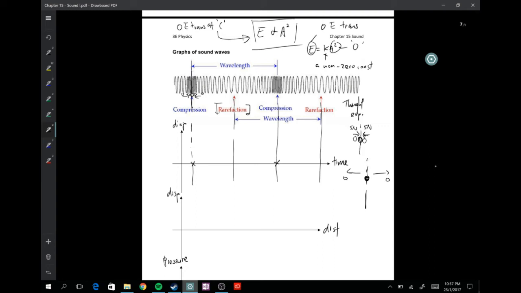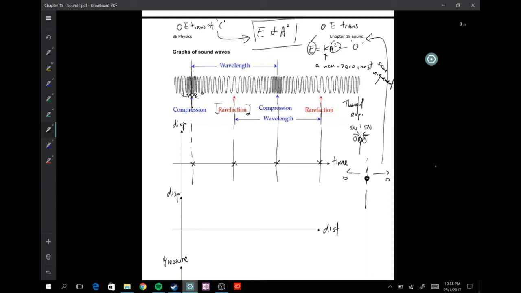It can't travel that far to transfer energy. So if it can't transfer energy, same argument. I'm going to write here, same argument. So therefore there'll be no amplitude, because no energy transfer, no amplitude.